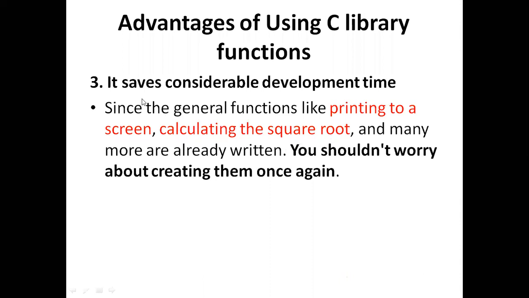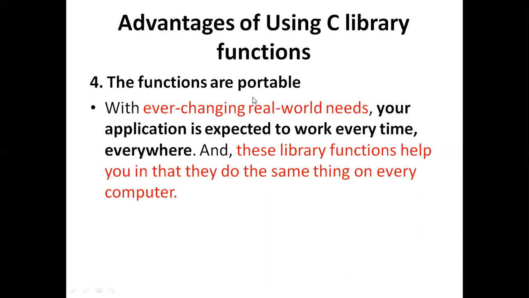There is no need to write the code once again for the square root functionality. Just write hash include math.h, and inside the program we use the square root function. By using that, time is saved.